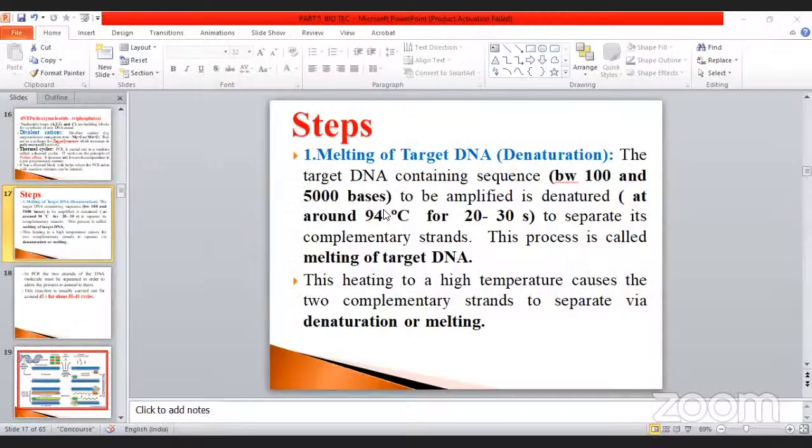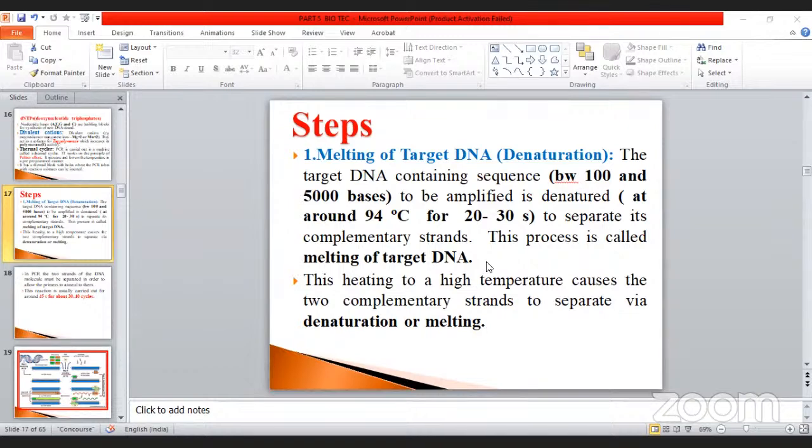How long will it take? 94 degrees Celsius. Already I told you 96 degrees Celsius; both are similar. For how many seconds is it essential? 20 to 30 seconds is enough. The DNA molecule completely denatures, and separating its complementary strands is called melting of the target DNA.